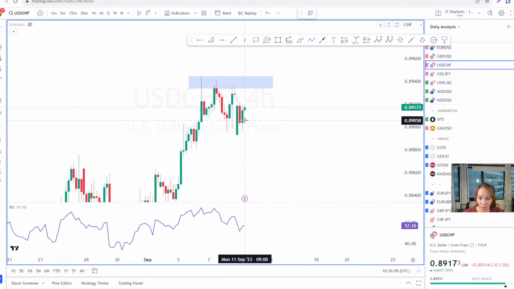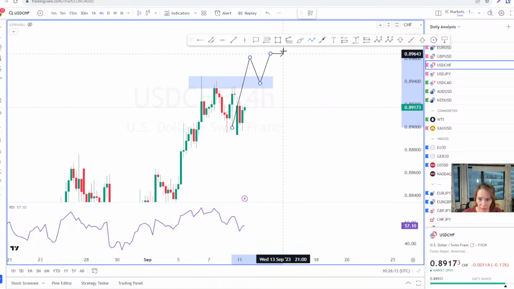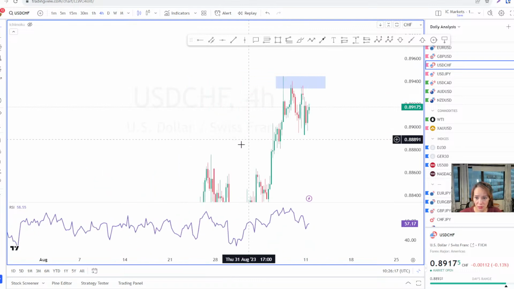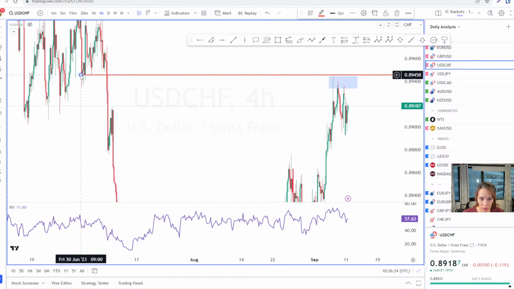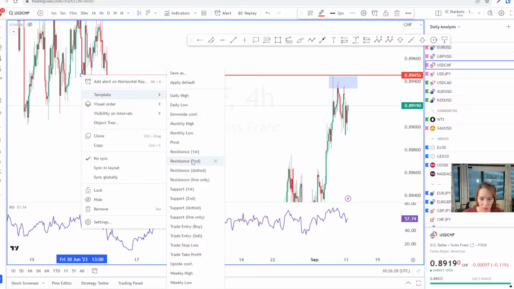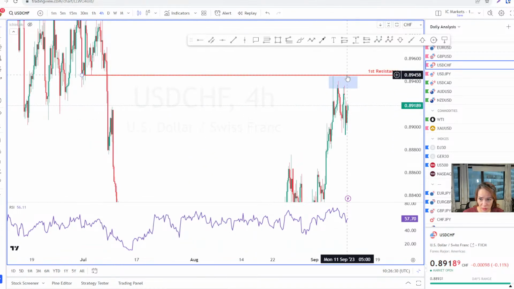Unless for the uptrend they need to break this one, and then it will go like that, all the way. So to me it's still coming down, and if you look at your H4, here is your first resistance. Okay, almost touching.